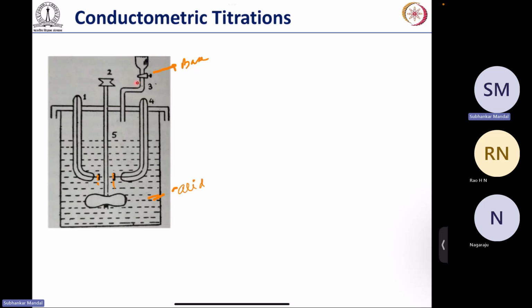But in this case, you can get a more accurate value because you plot the conductivity value, and from there you get the equivalent point of the acid base. Okay, so that is the thing. We will discuss some examples of acid base titration via conductometric titration, with the graph.